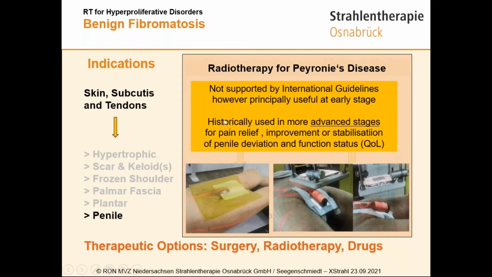However, there are numerous studies where it has been historically used in more advanced stages for pain relief, improvement or stabilization of penile deviation and functional status. Here you see some basic setups of the radiation therapy technique, like the lead cover to protect the gonads and the electron beam cone to address the shaft of the penis.